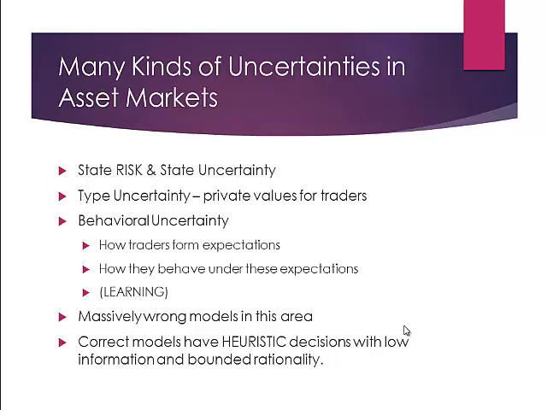This is the type of uncertainty which Keynes and Knight introduced in the 1920s or 30s. And basically uncertainty means you don't know what's going to happen. You don't know what states are going to be. You don't know what their probabilities are.